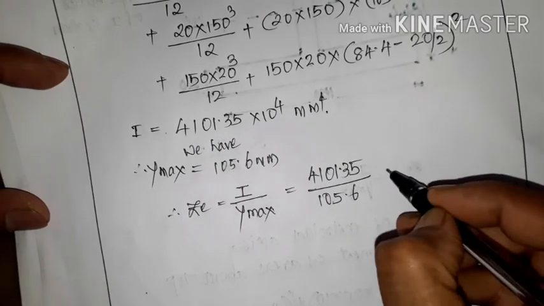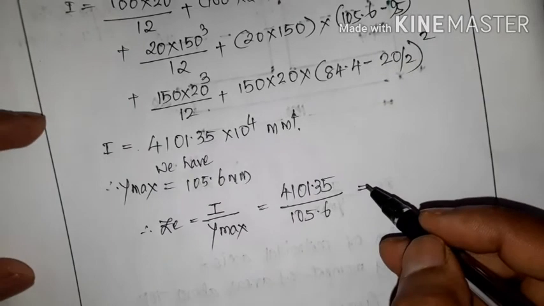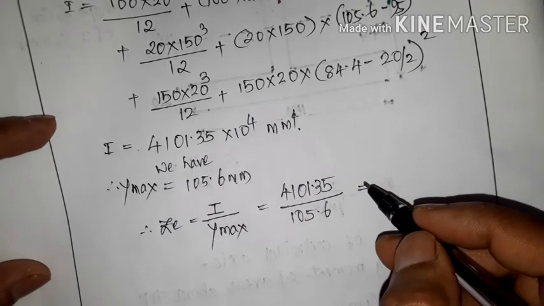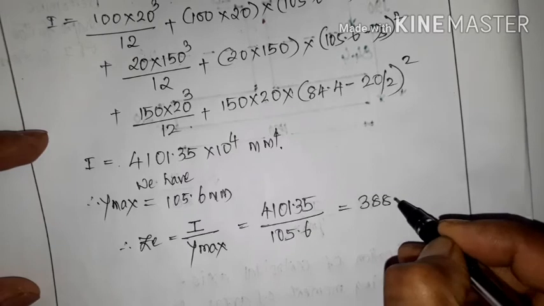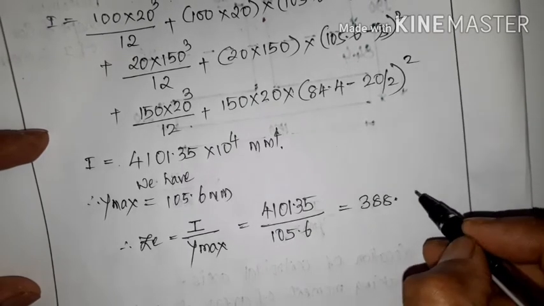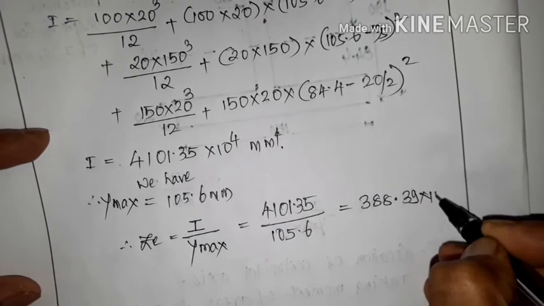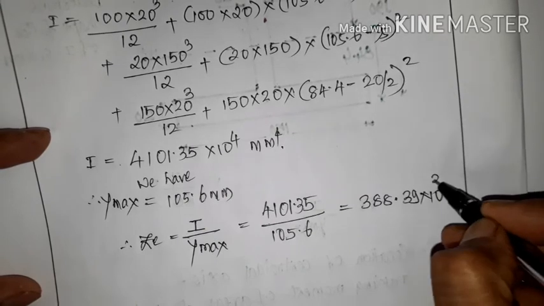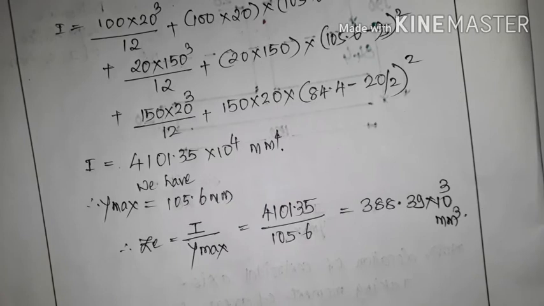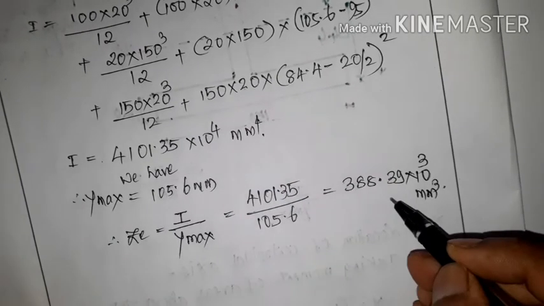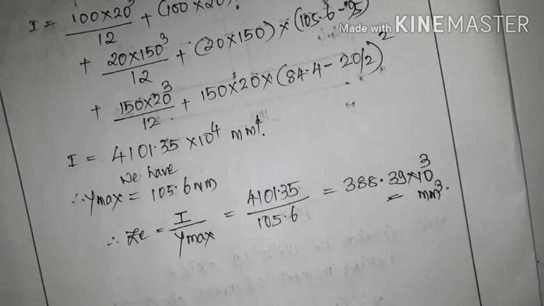So we get the value of Ze as 388.39 into 10 raised to 3 mm cubed. So this is regarding the elastic section modulus.